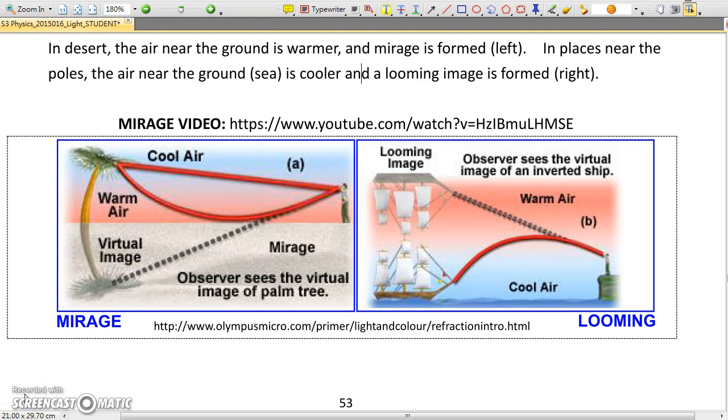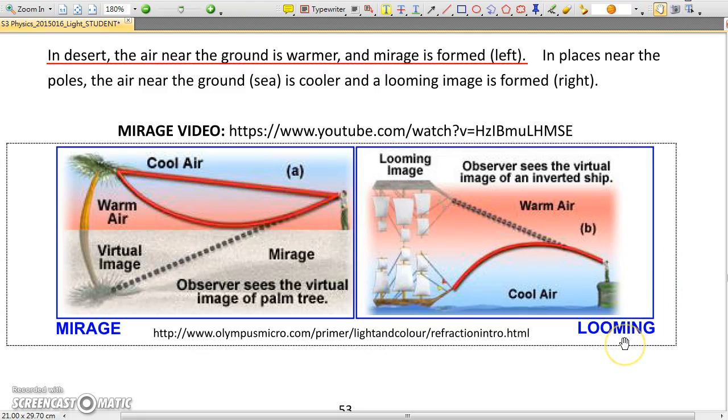Mirage is the name given to what happens when there's warm air on the ground and cool air above, which is what happens in the desert. Newman is the name given to something just opposite, when the air near the ground or the sea is cooler, and this happens in places which are very cold, near the poles.